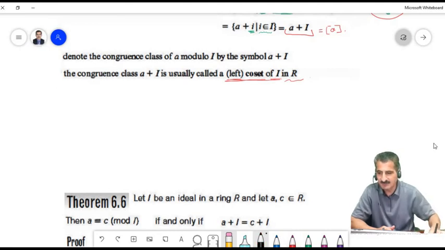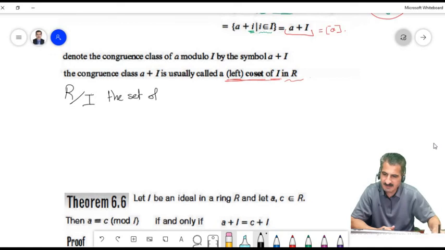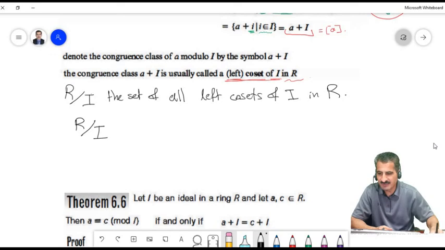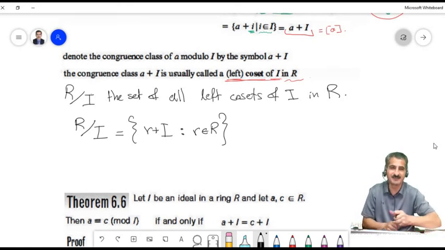We will write R over I to be the set of all left cosets of I in R. And we have motivation to do so. So R over I consists of R plus I, where R is an element of the ring capital R.